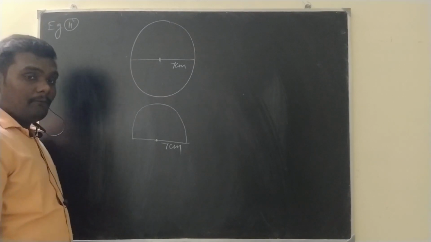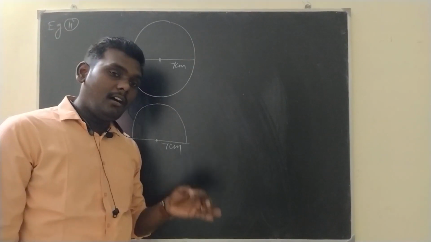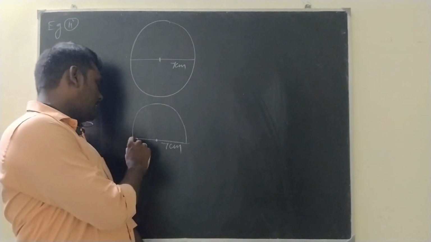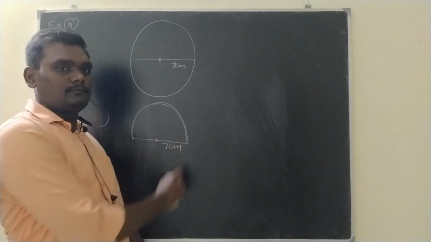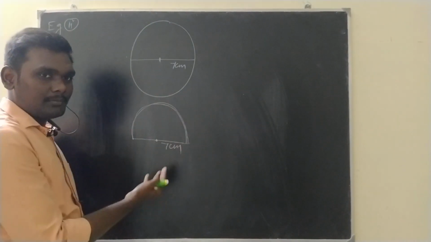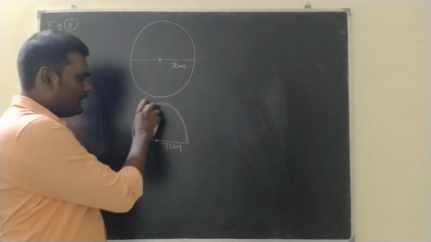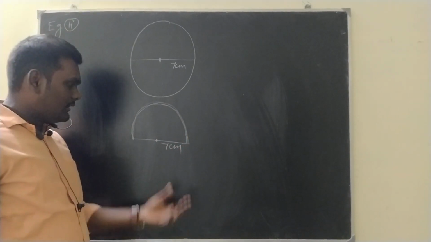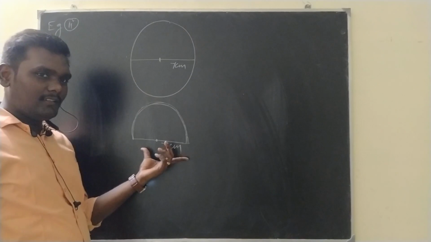What is the perimeter of this semicircular disc? See, when it comes to half of the circumference of a circle, it means only this. Is it or not? But when it comes to the perimeter of this shape, this is not the only boundary. The other boundary is what? This length.